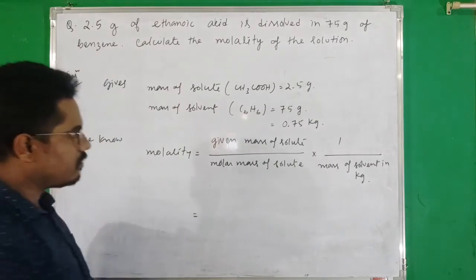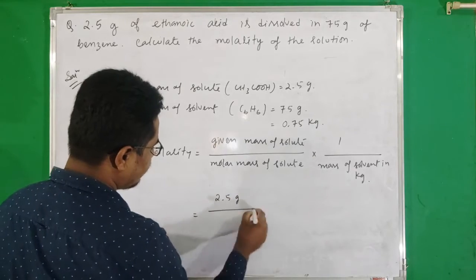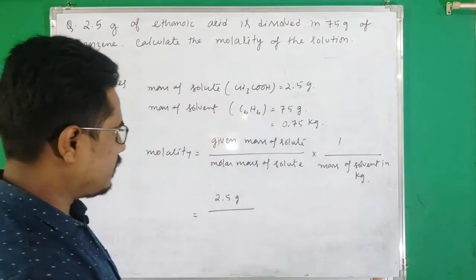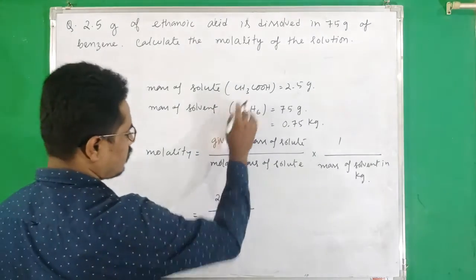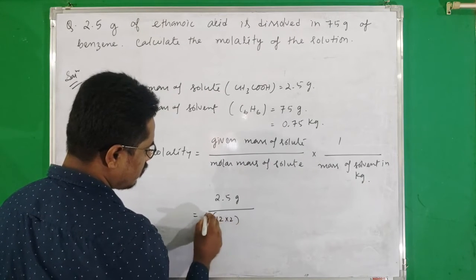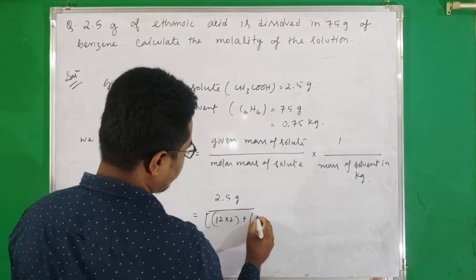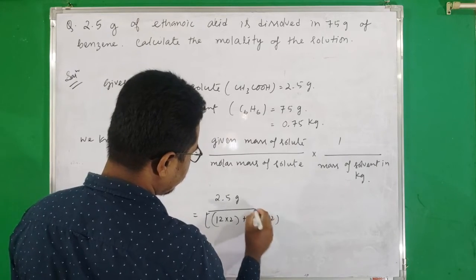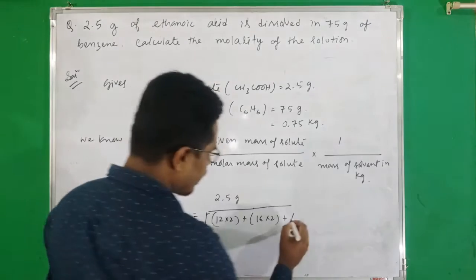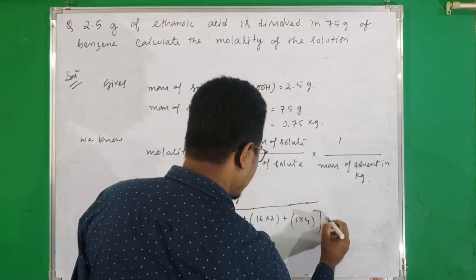So it equals given mass of solute, that is 2.5 gram, divided by the molar mass of ethanoic acid. There are 2 carbon atoms, and the atomic mass of carbon is 12, so 12 into 2, plus 2 oxygen atoms, atomic mass of oxygen is 16, so 16 into 2, plus 4 hydrogen atoms, so 1 into 4, because the atomic mass of hydrogen is 1.